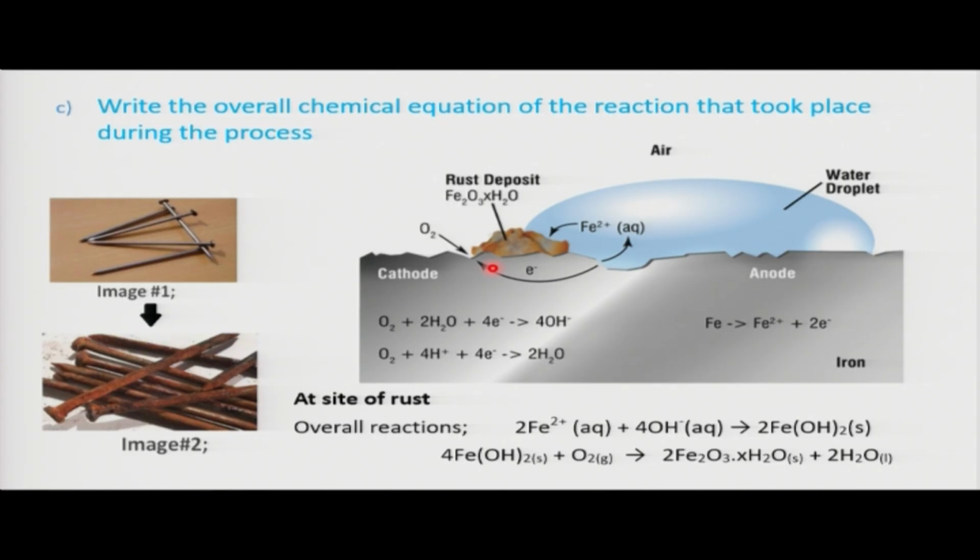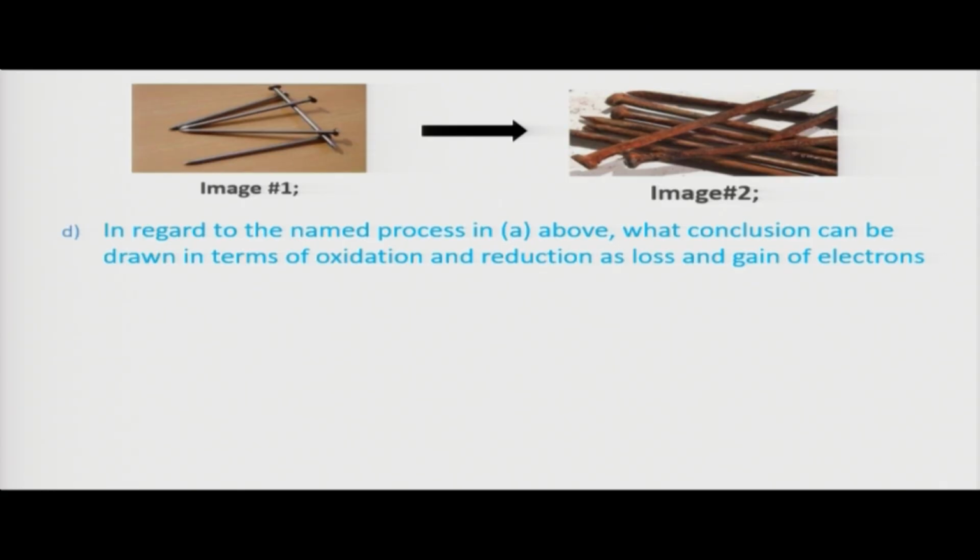A few things you're noticing. We are losing electrons from iron metal, and the electrons are being taken by oxygen to form the rust that you see. So the whole process of rusting is an oxidation and reduction reaction. That takes us to the last part. What conclusions can we draw?